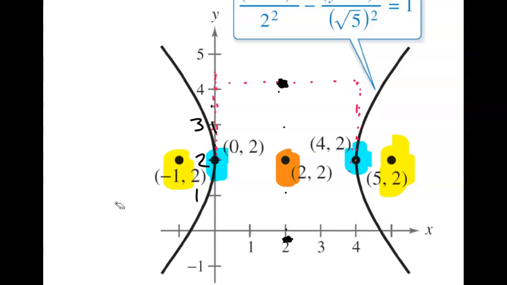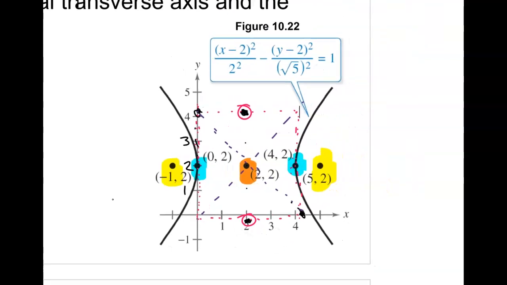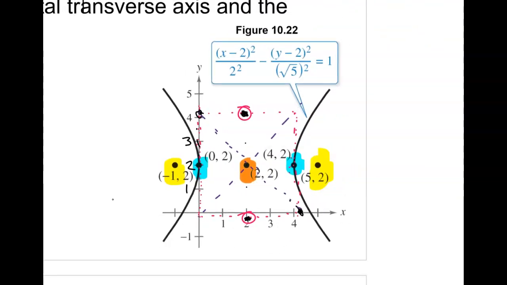And so we trace this little box from the vertices and from this point over here as well. And of course, I expect you to use a ruler. We connect, let me use a different color, we connect the points of that box, going through the vertex like that. And in fact, those are going to be the asymptotes that we're going to learn how to find in a minute.